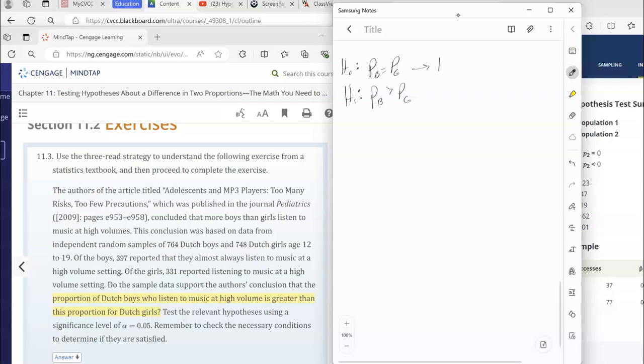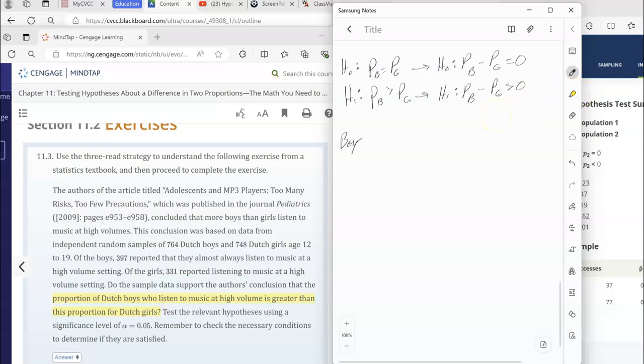Now remember, we can write that as H naught: PB minus PG equals 0, and H1: PB minus PG greater than 0, because I could move this over. So we're looking at a right-tailed test.